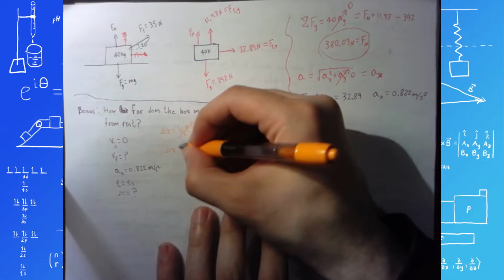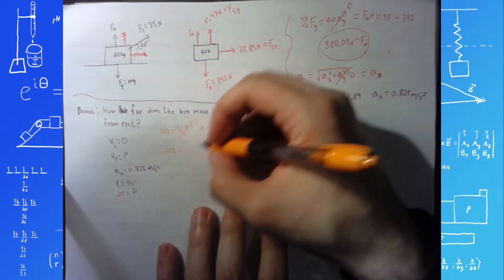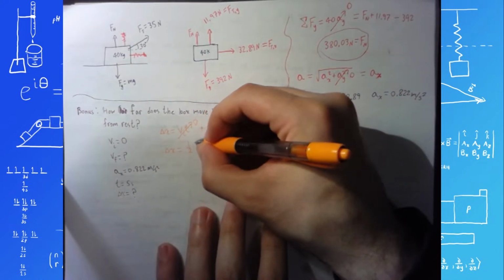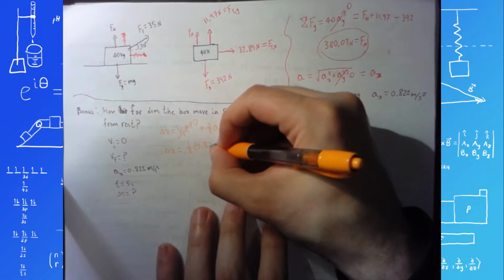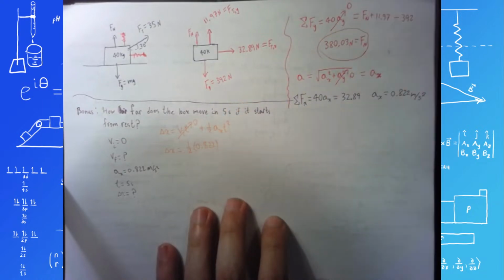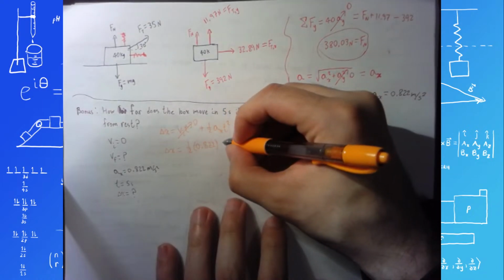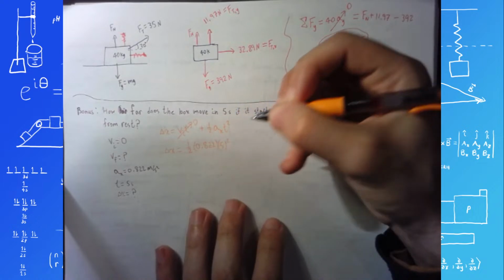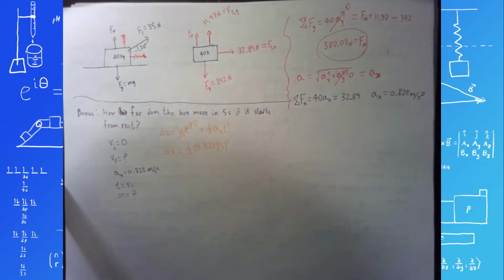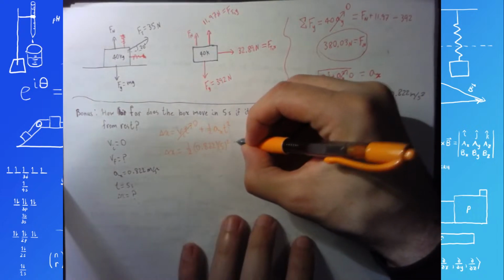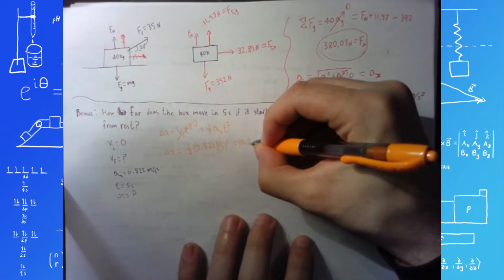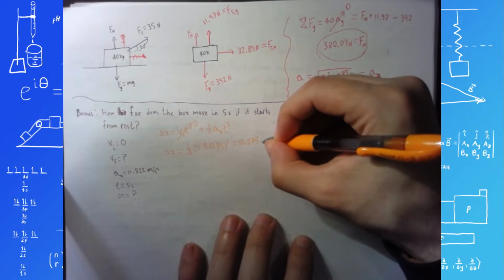So delta x is equal to, that's a 0, so that's gone, 1/2 times 0.822 times 5 squared. Okay, 25 times 0.411. 0.411 times 25 is 10.275. 10.275 meters.